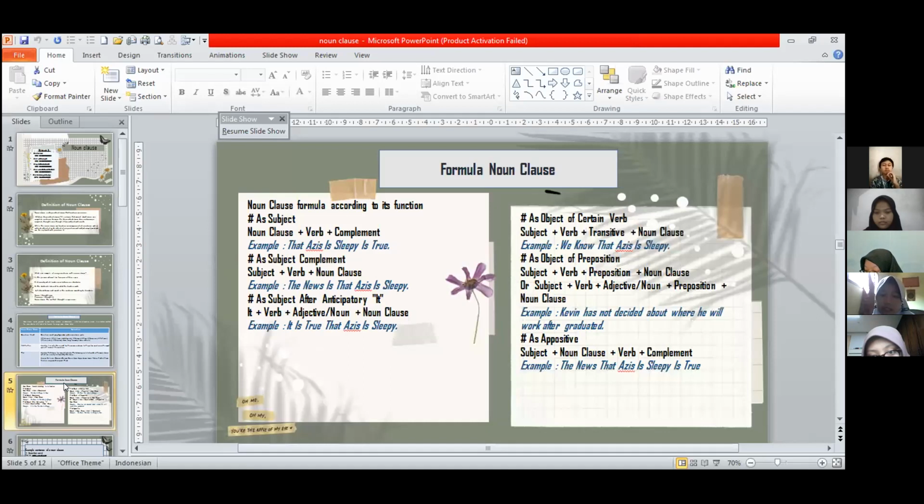The example: Kevin has not decided about where he will work after graduating. As a postmodifier, the formula is subject plus noun clause plus verb plus complement. The example is the news that Aziz is sleepy is true.